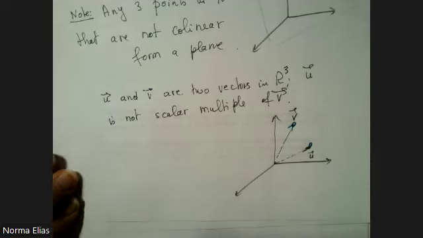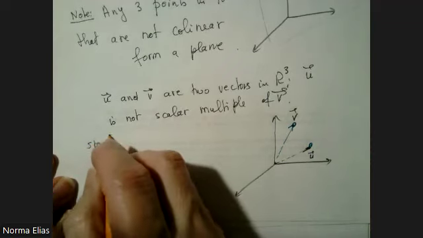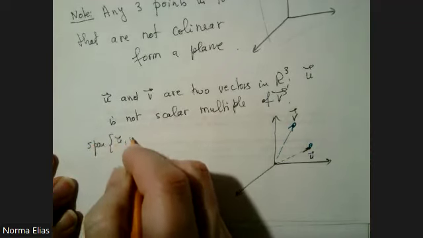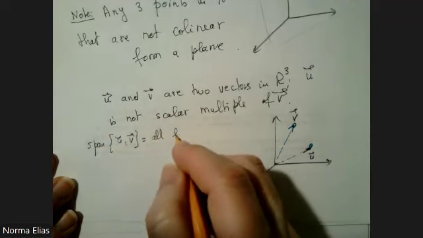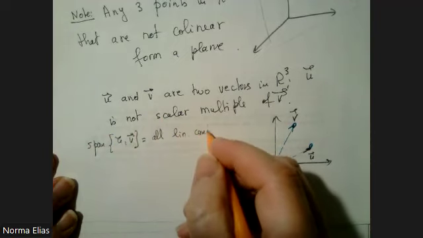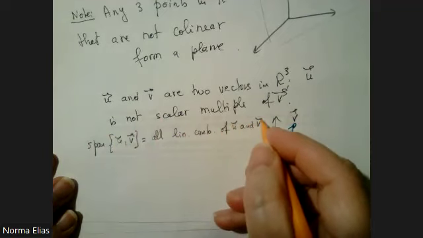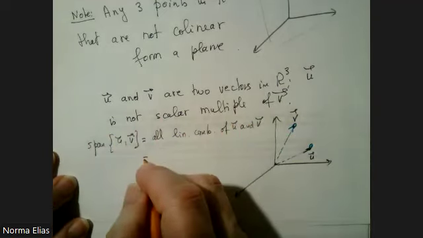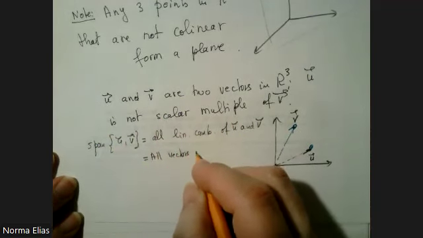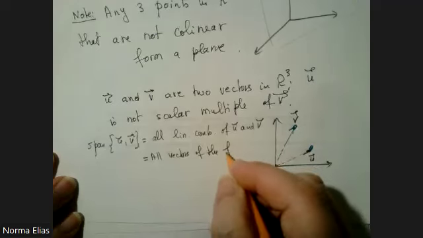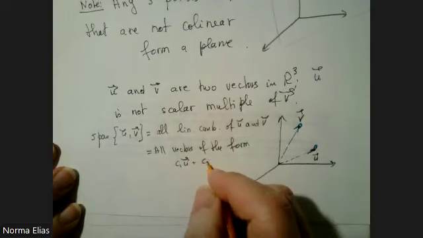Okay. So first, what is the span of U and V? The span of U and V is basically all linear combinations of U and V. It means all vectors of the form C1U plus C2V.